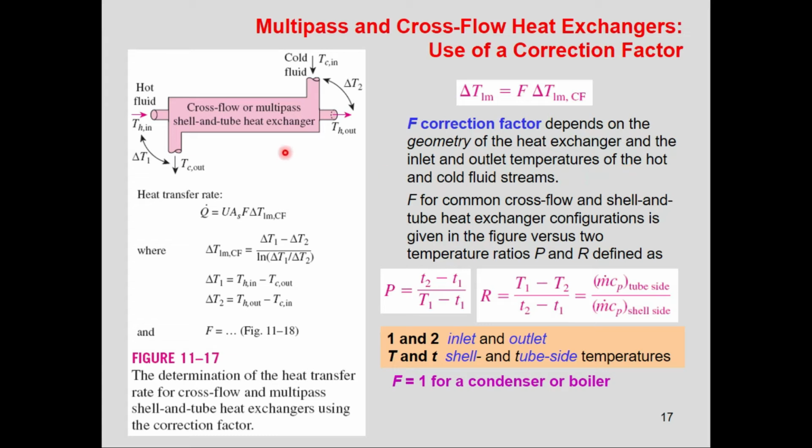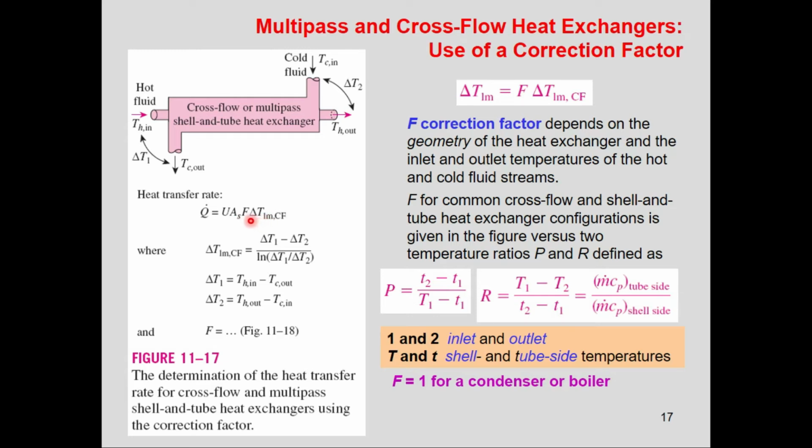So this is, for example, a heat exchanger having the geometry of a multipass shell and tube heat exchanger with a cross flow, assuming that. For this kind of geometry, the heat transfer rate Q dot is equal to U, the overall heat transfer coefficient, times A_s, the surface area, and we usually put delta T Lm, right?